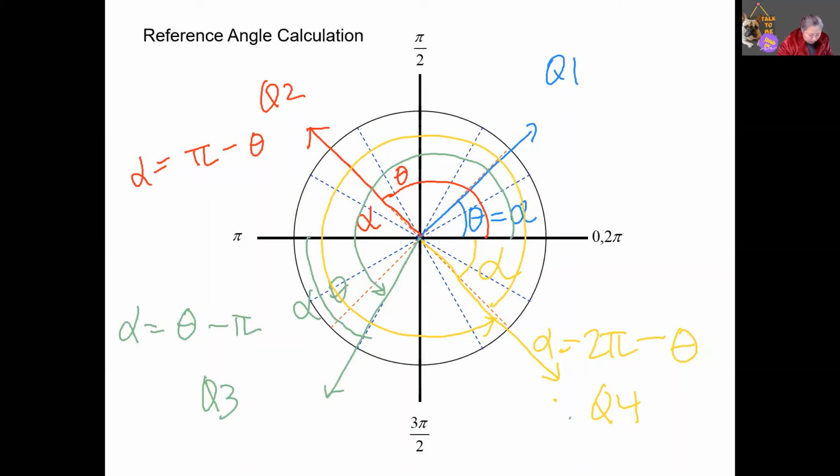Overall, what you have to remember is: in quadrant 1, alpha is here. In quadrant 2, alpha is here. In quadrant 3, alpha is this one. In quadrant 4, alpha is this one.